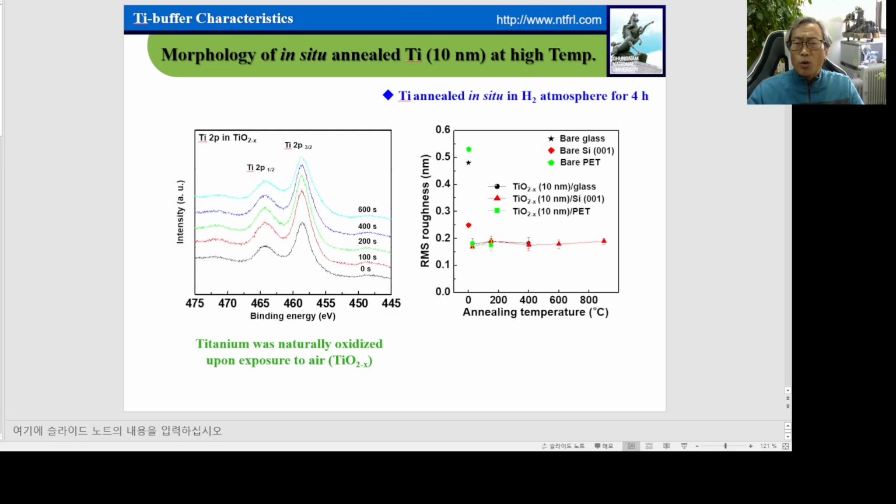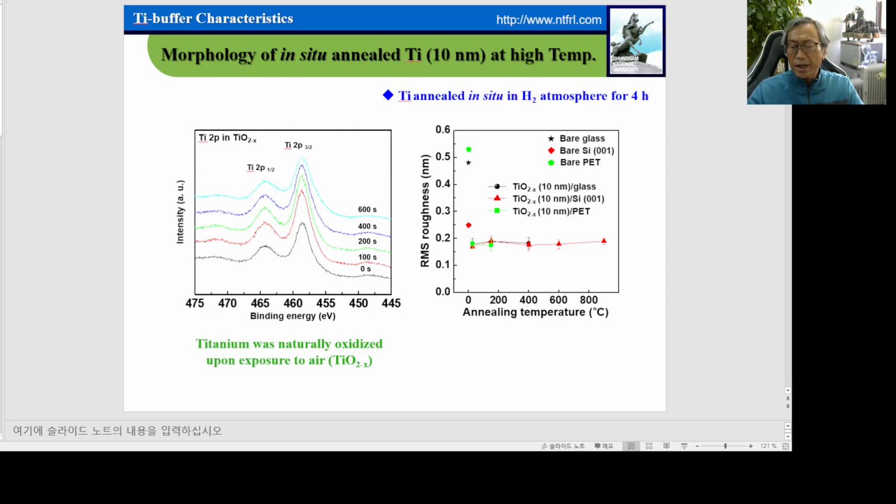However, when we use the titanium buffer layer for graphene growth, how about the stability of the titanium buffer layer in a hydrogen atmosphere at high temperature? We checked the surface roughness change as a function of annealing temperature for different titanium-buffered substrates.